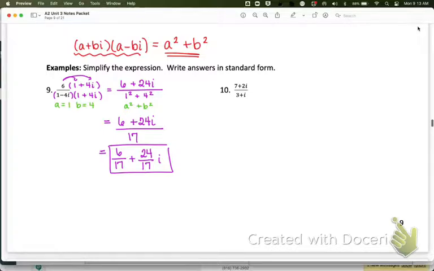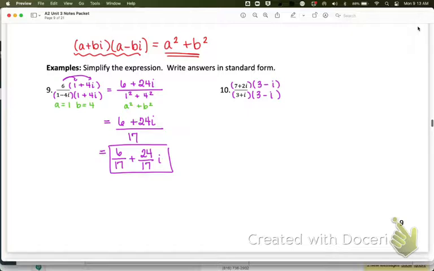So let's look at number 10. 3 plus i. Decide to yourself really quickly. That's our denominator. So what would the conjugate be? The conjugate of 3 plus i is going to be 3 minus i. Now, notice how the first thing I did was to add in all those extra parentheses. You don't want to forget to do that because they definitely matter.